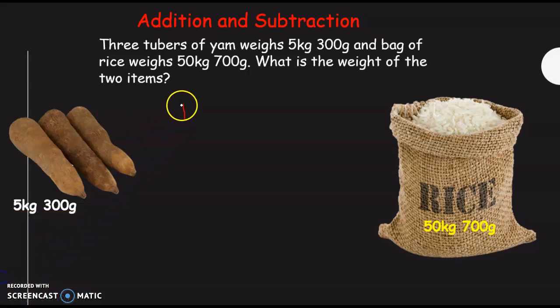So write kg, and give a space, and you write g for gram. Kg is for kilogram, g is for gram, and you separate them with what? A decimal point.